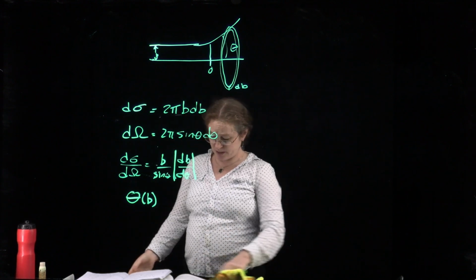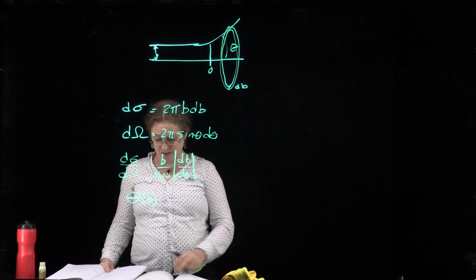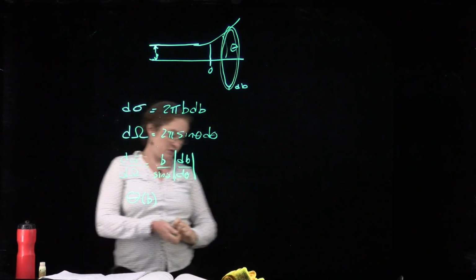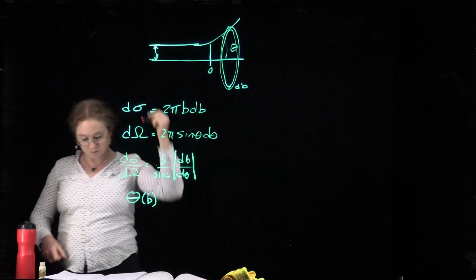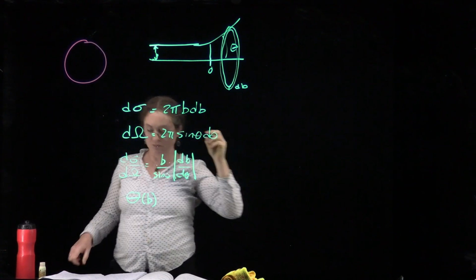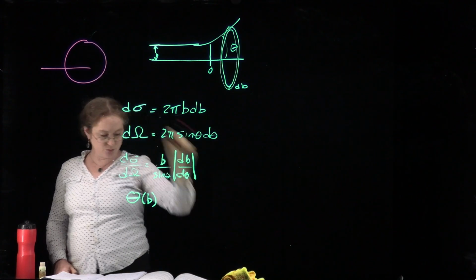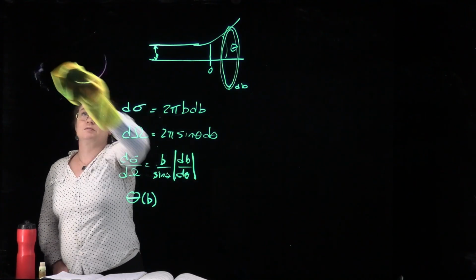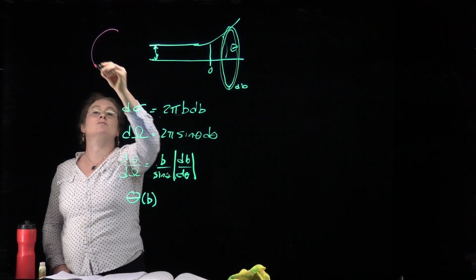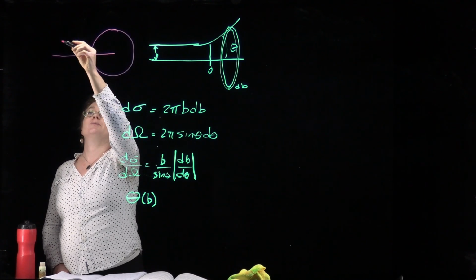An example is hard sphere scattering, the easiest thing to think of conceptually. So then, let me switch colors so it's highlighted. I have a sphere, I have a center of a sphere, I have a projectile.